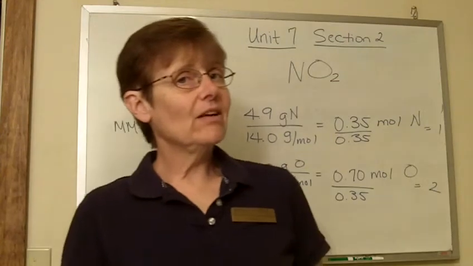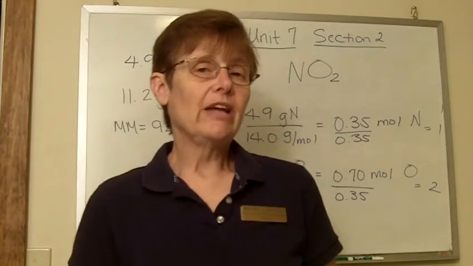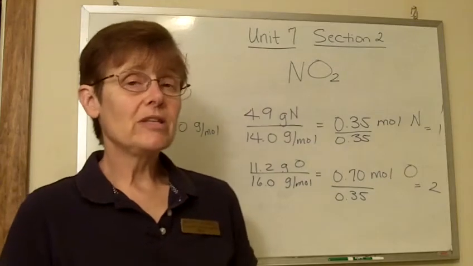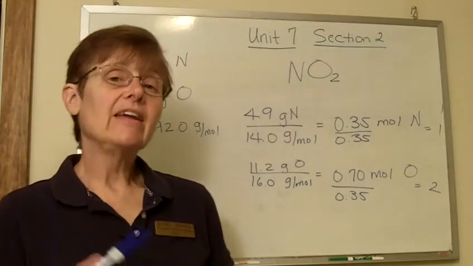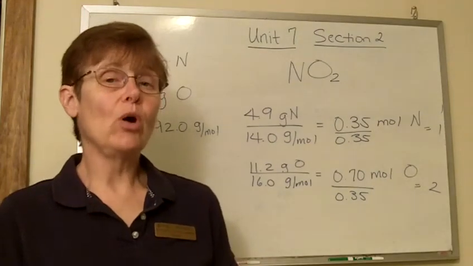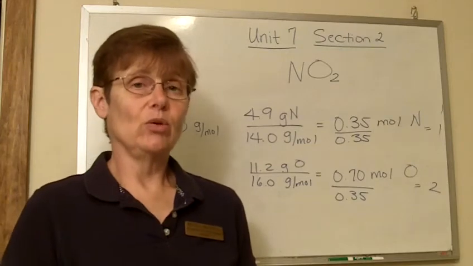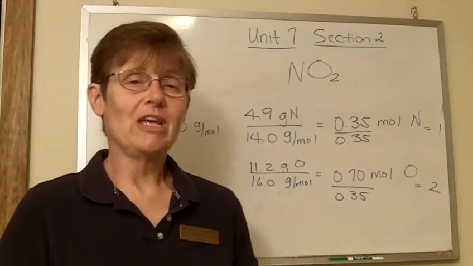That doesn't necessarily tell us the molecular formula, though. So to get the molecular formula, we need one more piece of information. And that, again, is something that you can get in the laboratory even if you don't know what the compound is. There's an experiment that you can do that we'll learn about later this year, maybe.